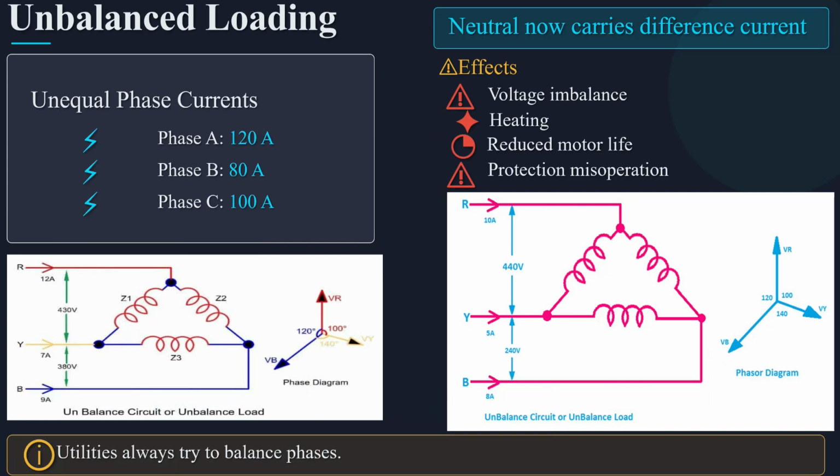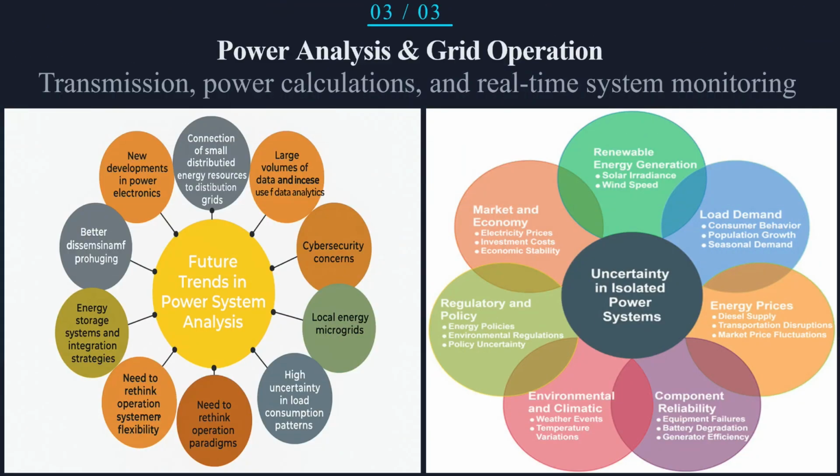Although many people never see three-phase electricity directly, it is present in almost every aspect of daily life. Power stations generate electricity using three-phase generators, transmission networks transport it over hundreds of kilometers, substations distribute it throughout cities, and industries rely on it to operate manufacturing equipment efficiently.